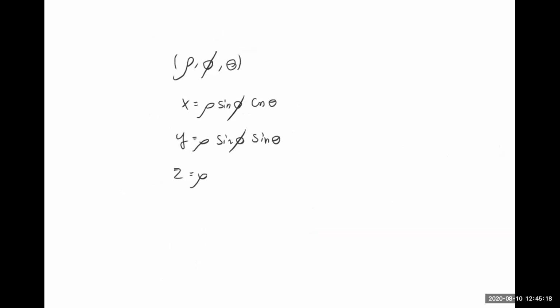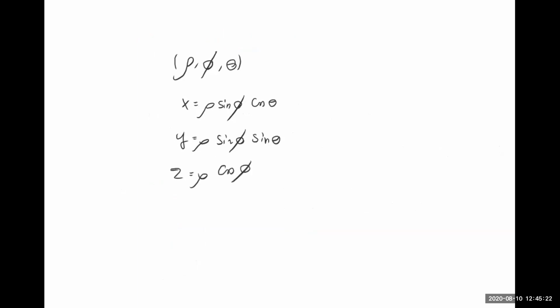I would write them. In the spherical coordinate system, we use rho, phi, and theta, and x is rho sine of phi, cosine of theta. Y is rho sine of phi, sine of theta, and z is rho cosine of phi.